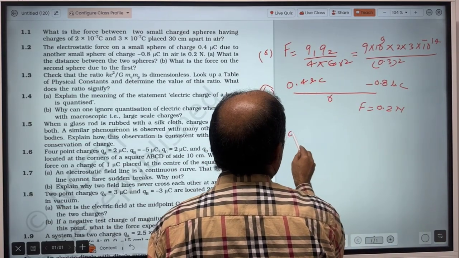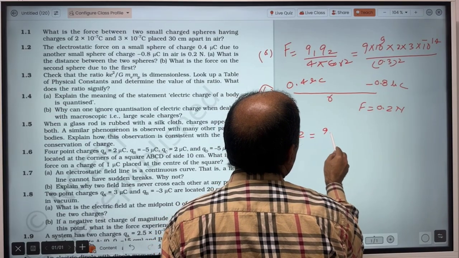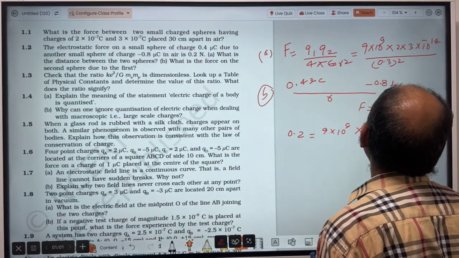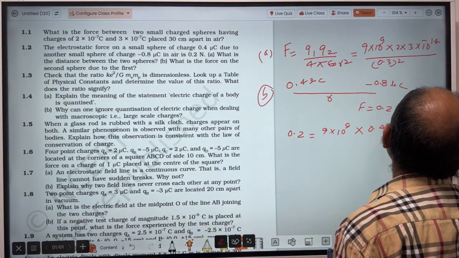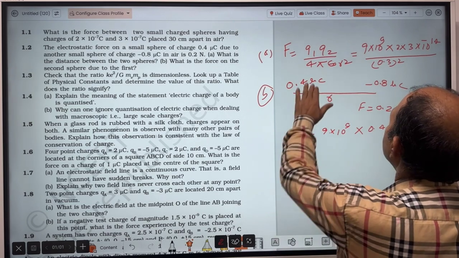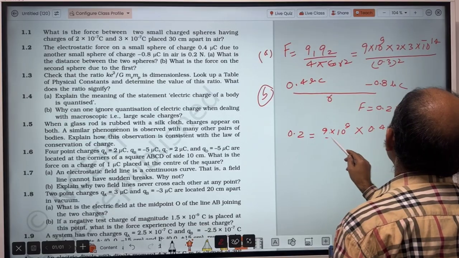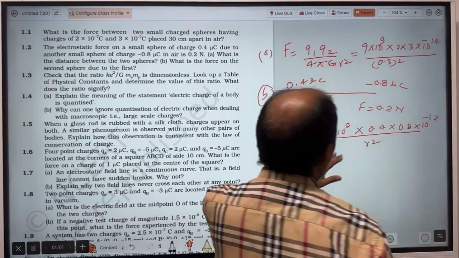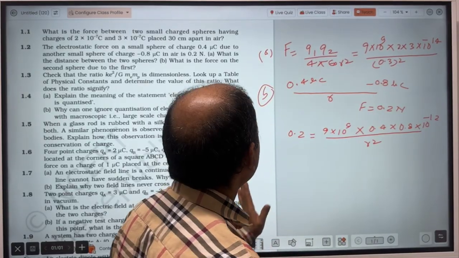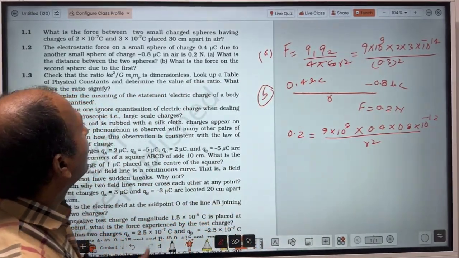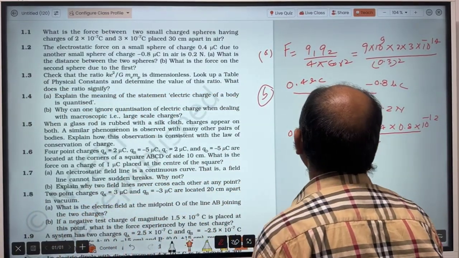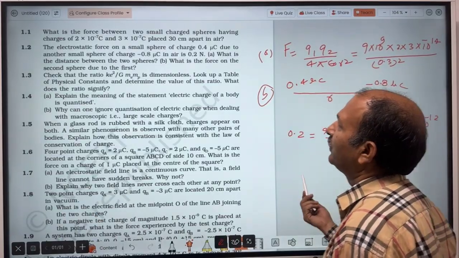Apply the formula again. So 0.2 equals 9 into 10 to the power 9 into the values of charges, 0.4 into 0.8 into micro means 10 to the power minus 6 twice, so minus 12, divided by separation squared. You can take r squared here, 0.2 here, and then take the square root to get the distance. That is simple. Now, the second point: what is the force on the second sphere due to the first sphere? The rule is very simple. To every action there is an equal and opposite reaction, so the force will be the same.